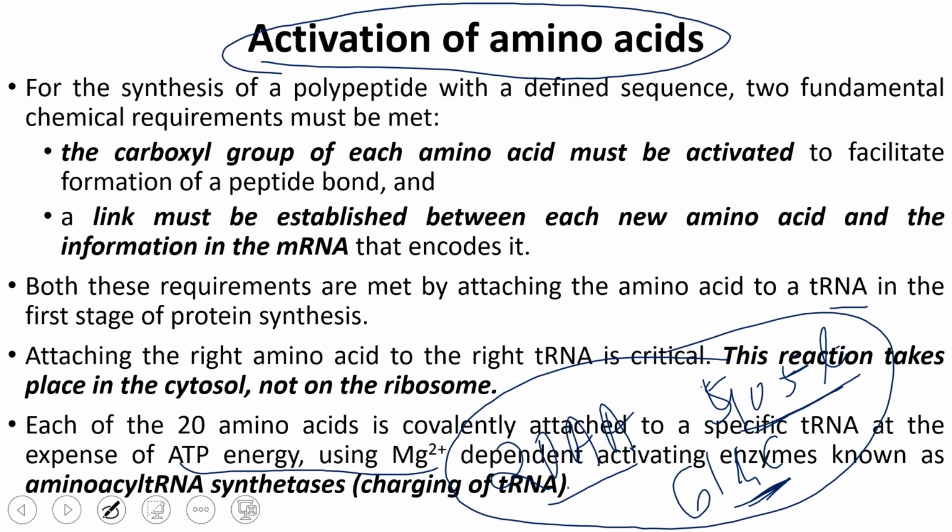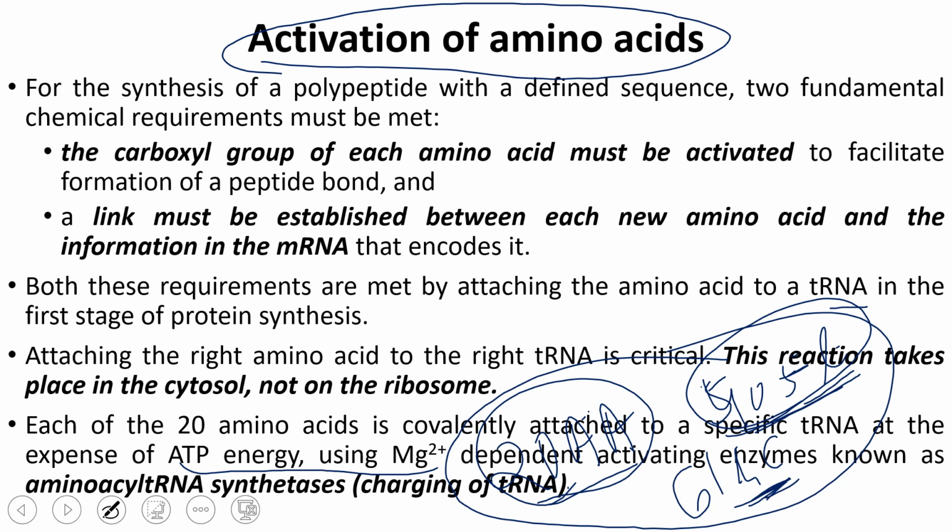Again, aminoacyl tRNA synthetase is specific to amino acid. अब हमारे पास 40-50 tRNA है, तो हमारे पास 40 एंजाइम नहीं है, हमारे पास 20 अमीनो एसिड के लिए 20 एंजाइम है. तो एक अमीनो एसिड अगर दो तरह के टीआरएनए पे लोड हो रहा है, तो एक ही एंजाइम काम करेगा. तो this enzyme is specific to amino acid, not specific to tRNA, not specific to genetic codes. ये रिमेंबर कीजिए, ये याद कर लीजिए, अंडरलाइन कर लीजिए.